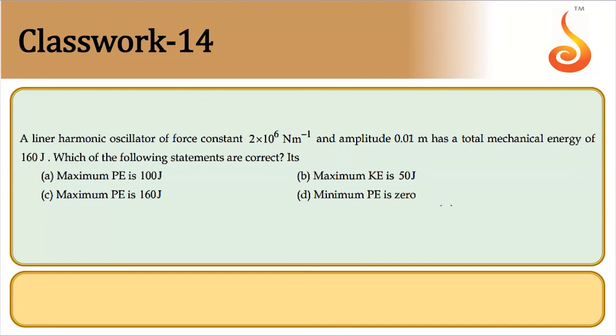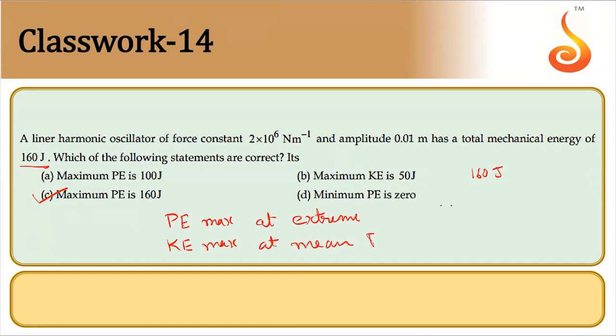Yes. See, total energy is 160 joule. So maximum value of potential energy is 160 joule. Maximum value of kinetic energy is also 160 joule. See, potential energy is maximum at extreme position. Kinetic energy is maximum at mean position. Right?